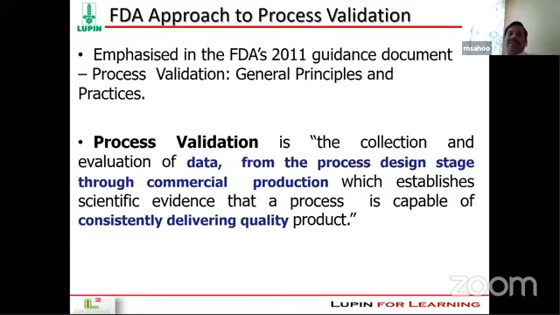Now, we all remember this definition like a mantra, but the key aspect of this mantra is that we must understand each and every word in the definition. First is the collection. When I say collection, as you go through the slides, you will find it covers how the collection is done, what the sampling methodology is, from where the sample will be collected, and why the sample will be collected.